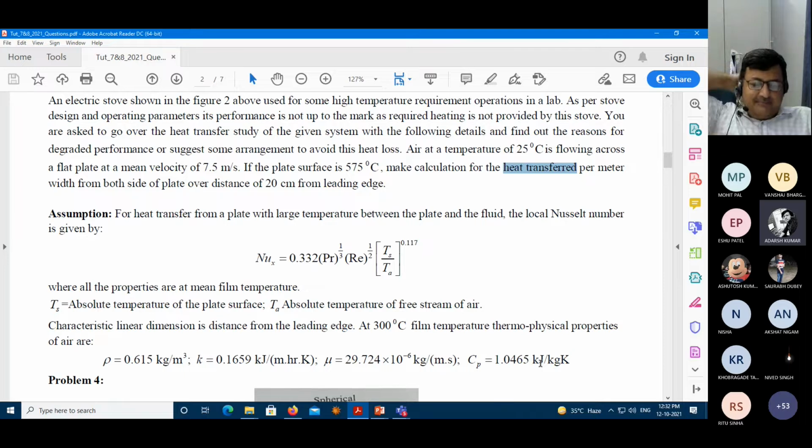So what is the Prandtl number? Is it around 187 times 10 to the power minus 6?